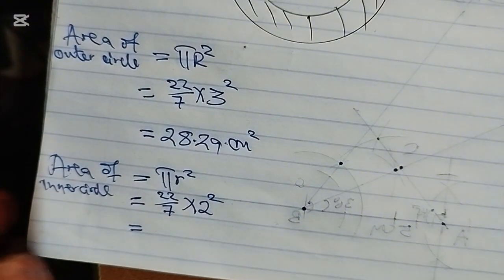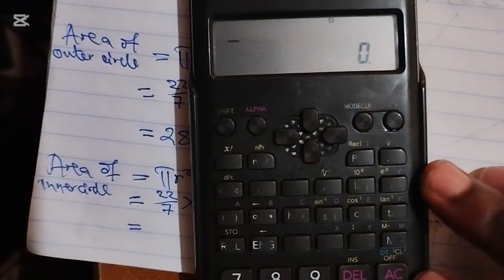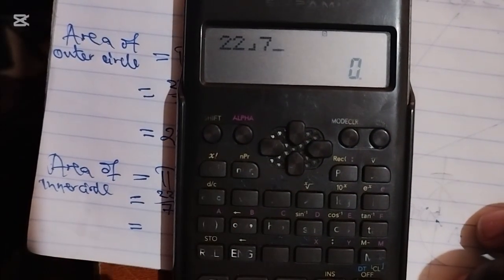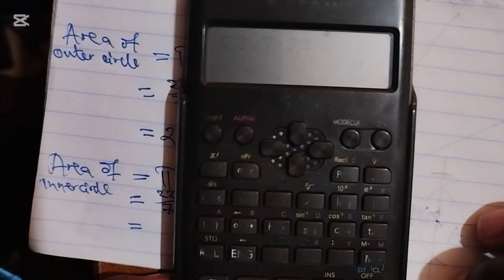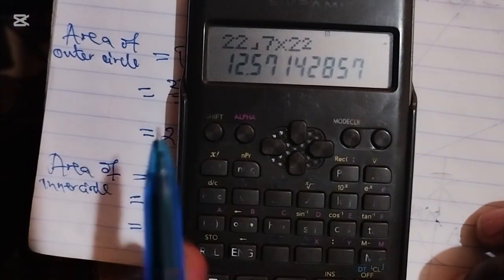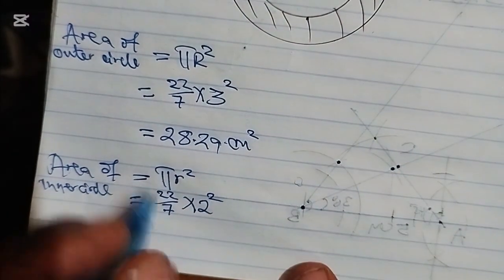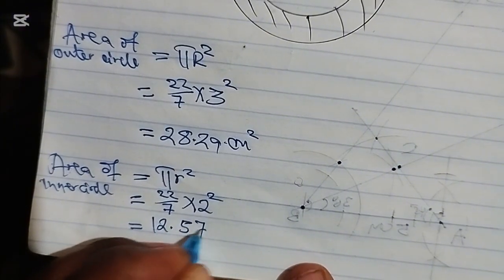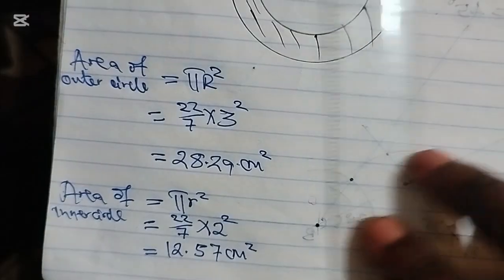Using your calculator, 22/7 multiplied by 2 squared gives us 12.57 square centimeters.